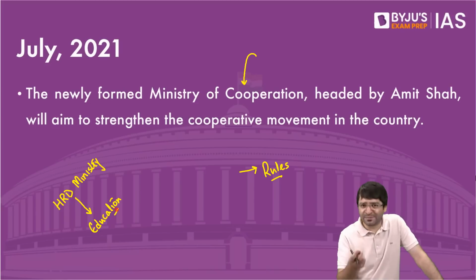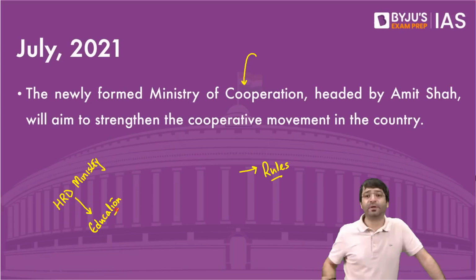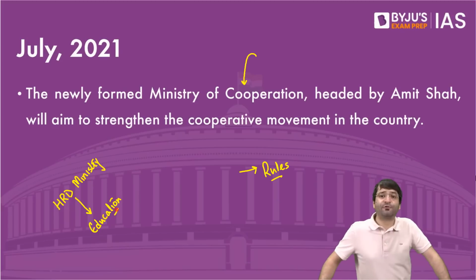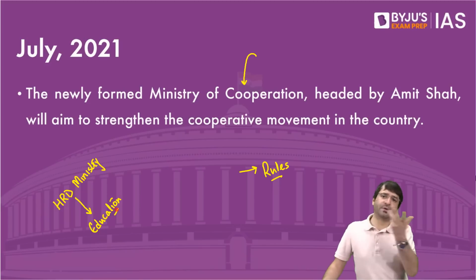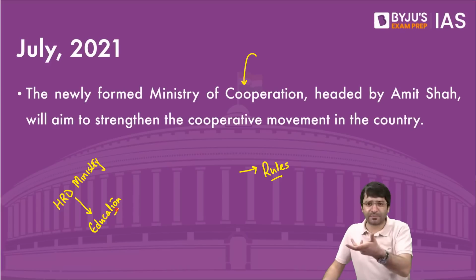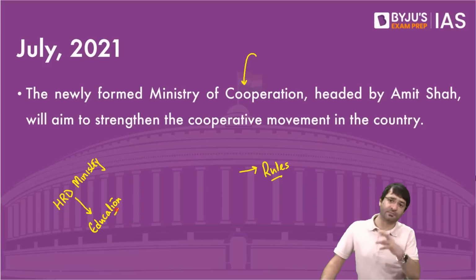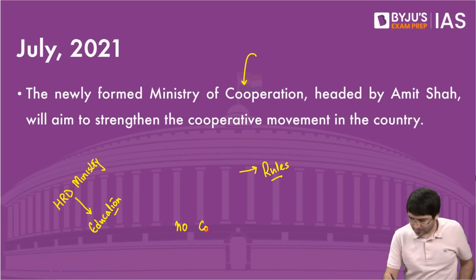So whether a ministry is to be created, whether a ministry is to be deleted, for example, previously we used to have a Minister for Overseas Citizens, which used to be under the External Affairs Minister. That department was also deleted. So a department can be deleted, a ministry can be deleted, created, or renamed. For that, no constitutional amendment is required.